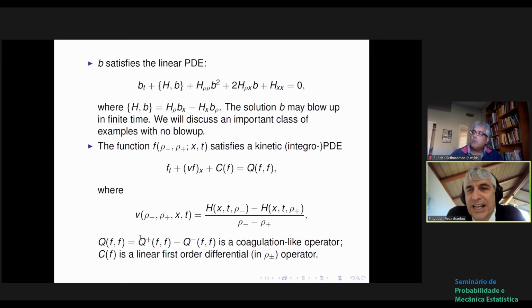The only thing is that the curse of creating shock discontinuities is going to show up again. When you look at the equation satisfied by B, if initially B could be positive and negative, this B can blow up in finite time.